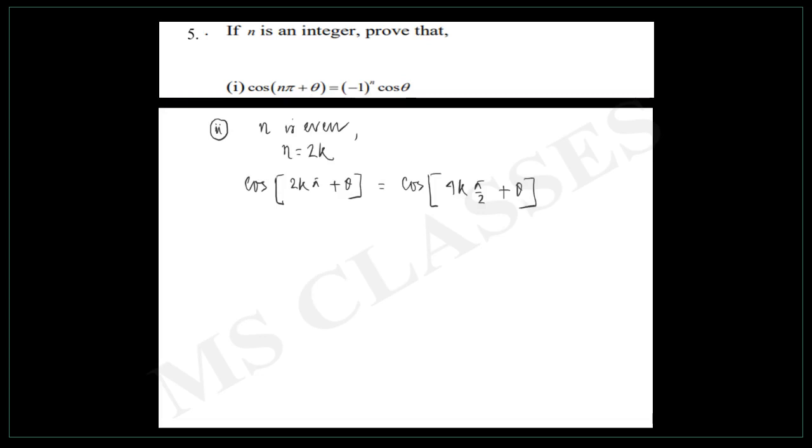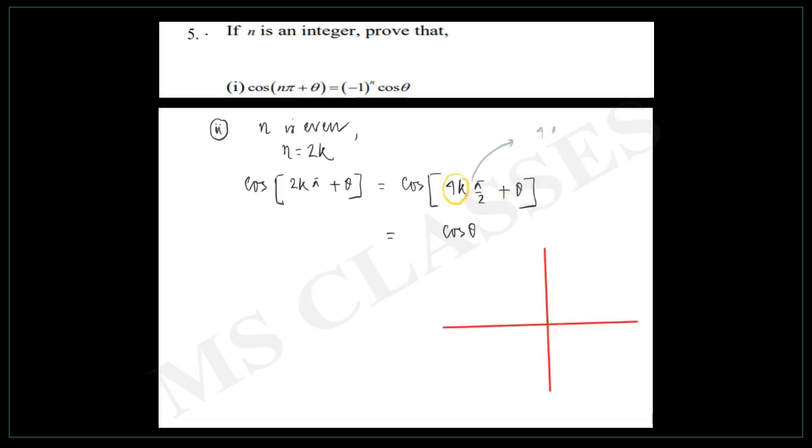Now 4k pi by 2 plus theta. If it is 4k, that is an even number. So this will be cos theta only. Now we have to understand in which quadrant the angle is landing.